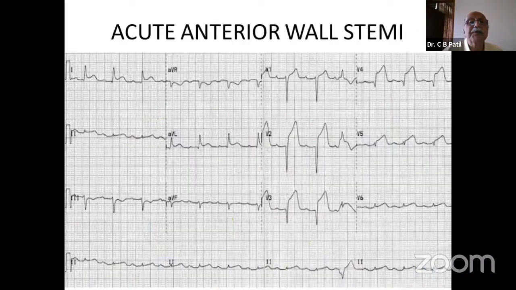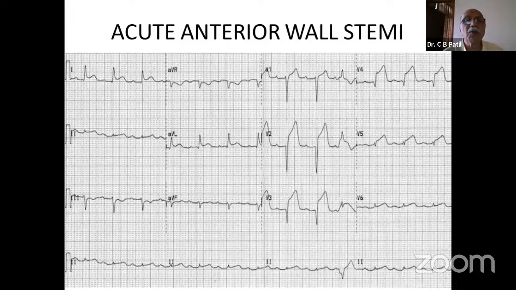So when there is a complete occlusion of the artery, it manifests in the form of ST elevation myocardial infarction. What is ST elevation myocardial infarction is, along with those typical symptoms, an ST elevation in contiguous leads, like lead 1, as you see, there is an elevation, AVL there is an elevation, V2 to almost V5 there is an elevation.